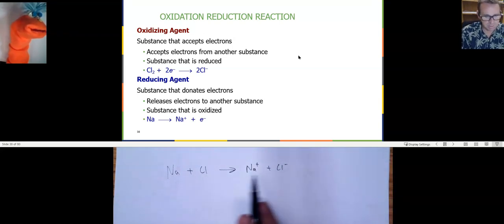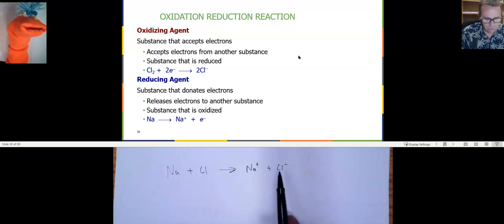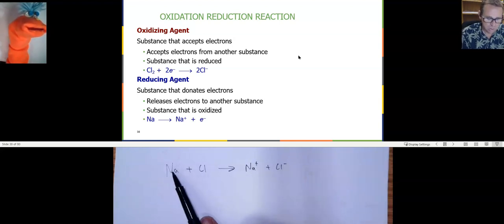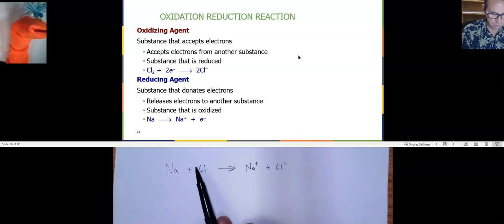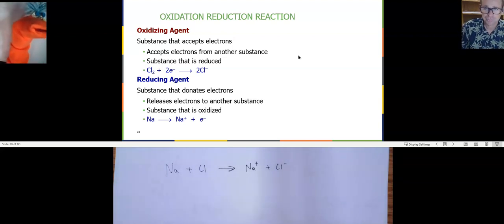Which species has been oxidized in this process? Well, the sodium lost an electron, so it was oxidized. Very good. And the chlorine was reduced. Chlorine was reduced, but it oxidized sodium. Can you see that? Sodium lost an electron to the chlorine, so sodium ends up with a positive charge and chlorine gains an electron.